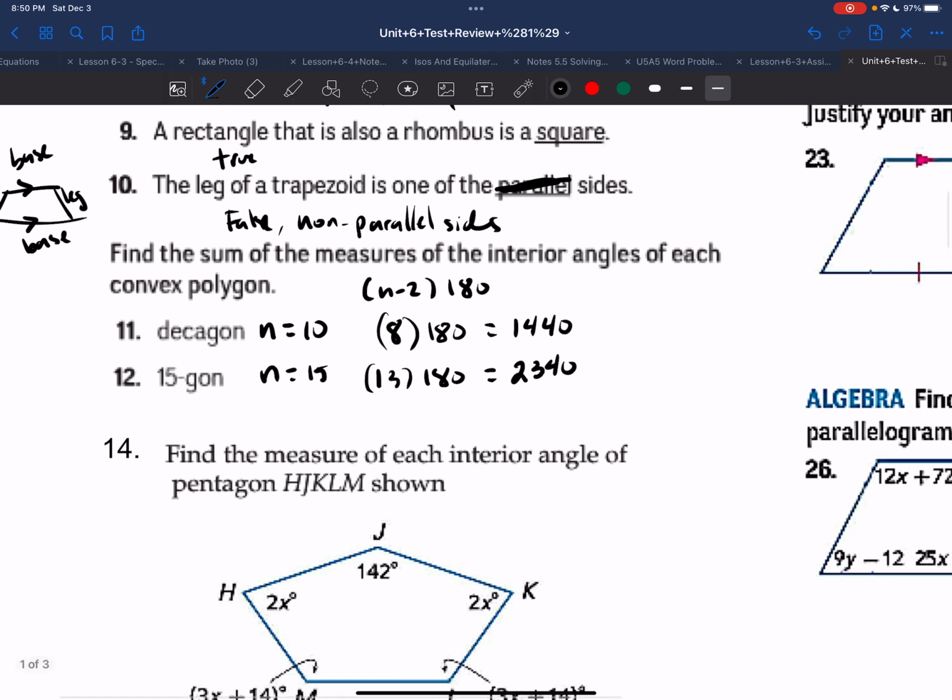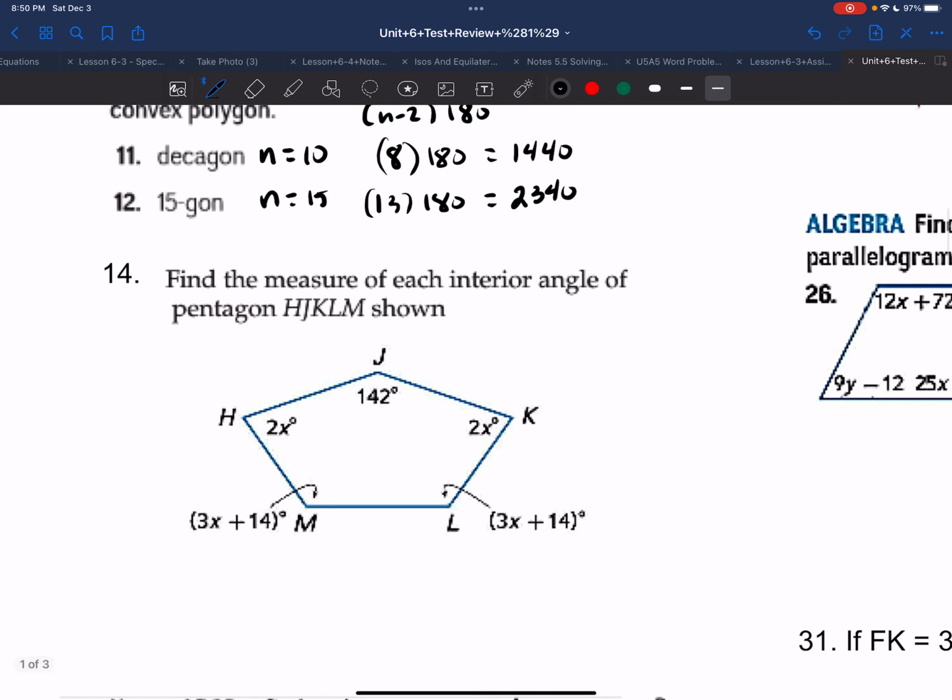Find the measure of each interior angle of the pentagon shown below. So I'm trying to figure out what x is. First, actually, this doesn't have an x, my bad. But I need to figure out how to create my equation.